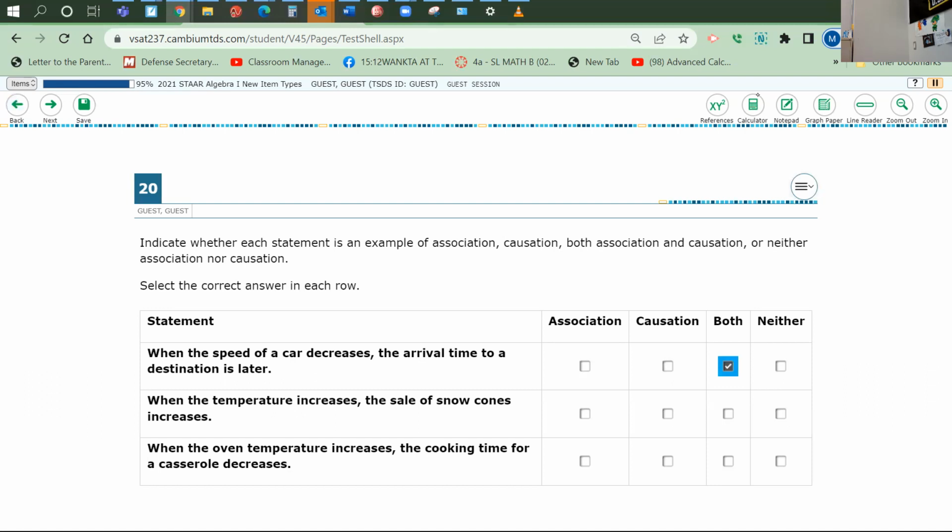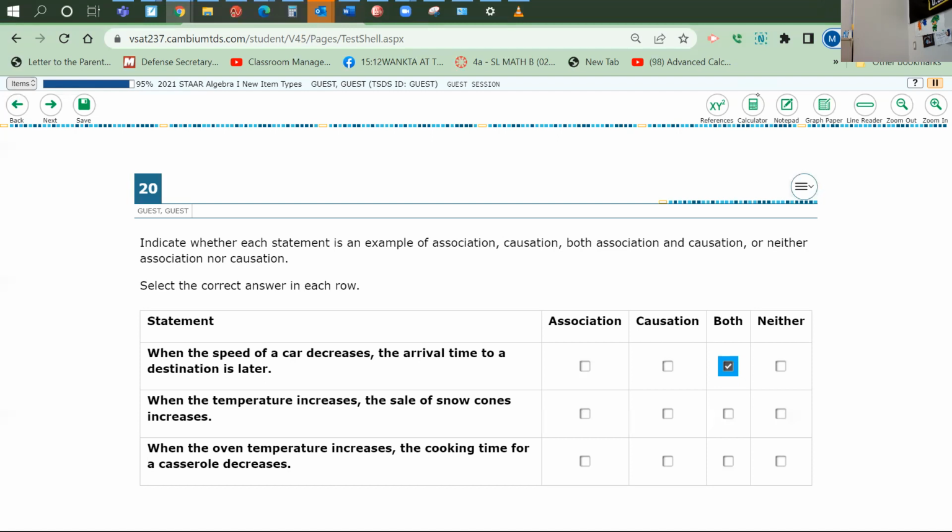Now, this one, you would think there's causation. When the temperature increases, the sales of snow cones also increase. You would think that's correct, right? Well, is there a direct link? I'm from Jamaica. It's very warm down there, about 80 degrees all the time. If the temperature increases to 90 degrees, are there going to be more snow cones being sold?